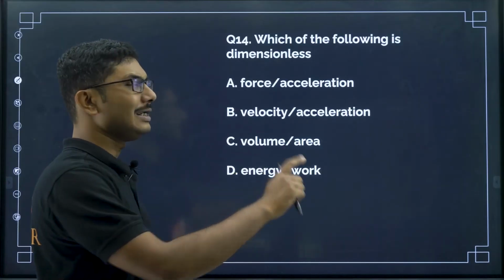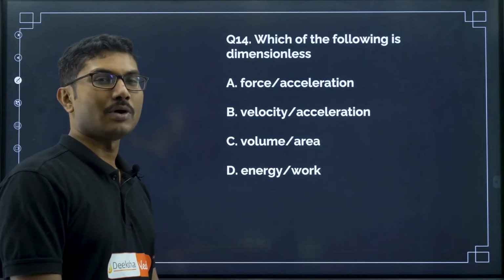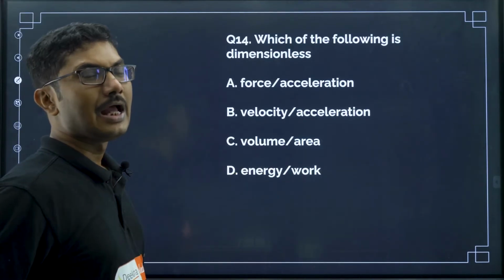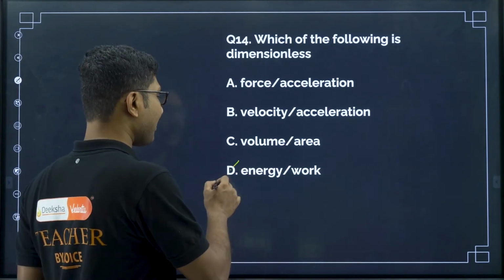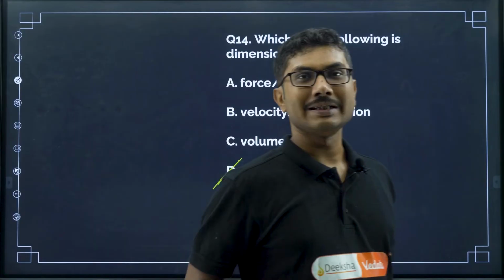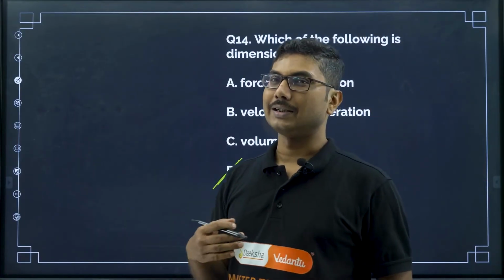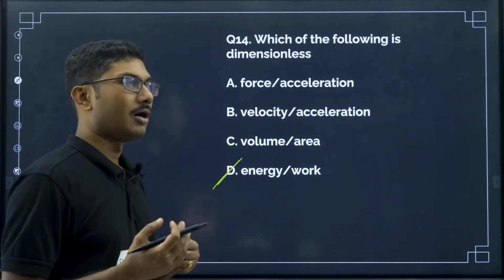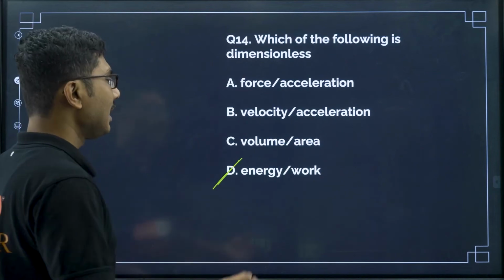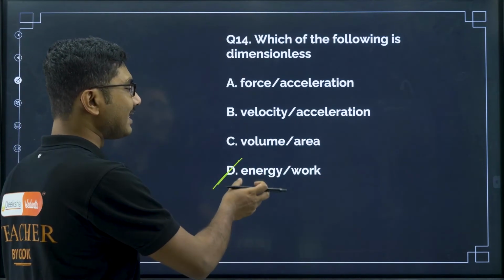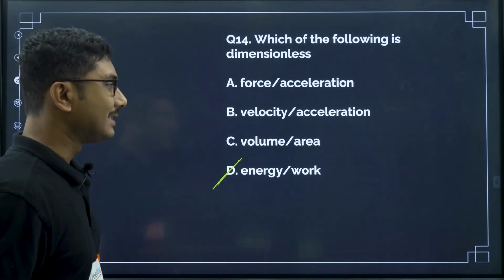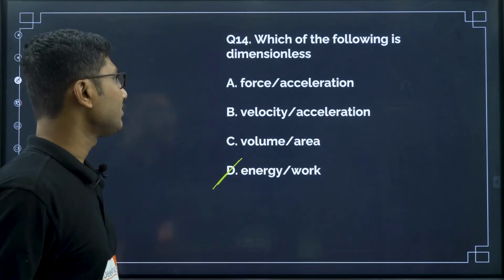But energy divided by work, energy and work both are of the same dimension, so energy divided by work will be a dimensionless quantity. Energy and work are the same thing, but they are used in different cases. So, when you divide energy by work, the resultant quantity should be dimensionless.